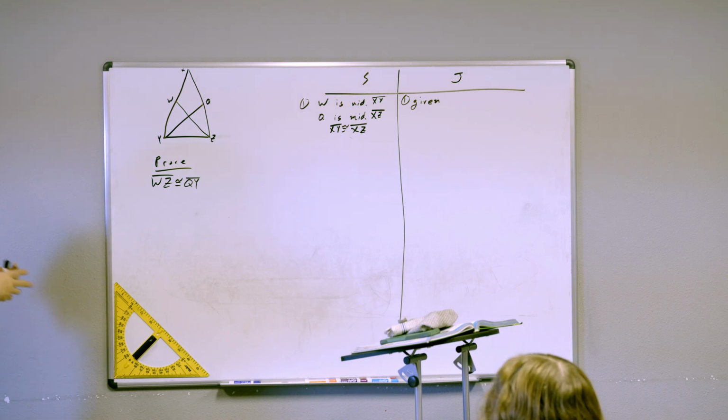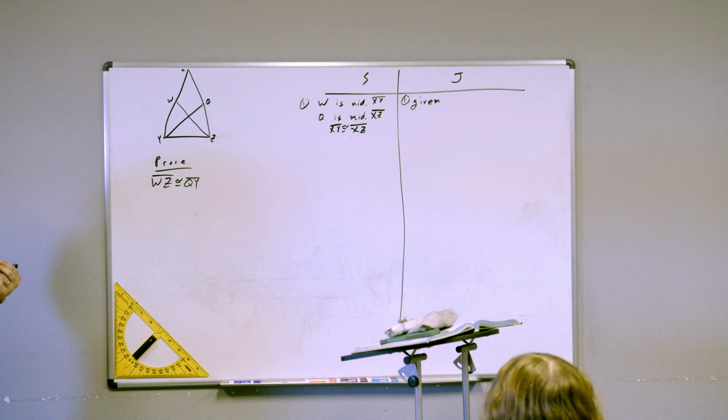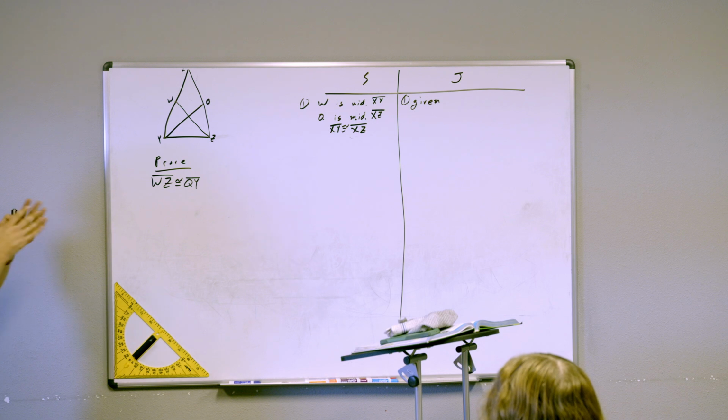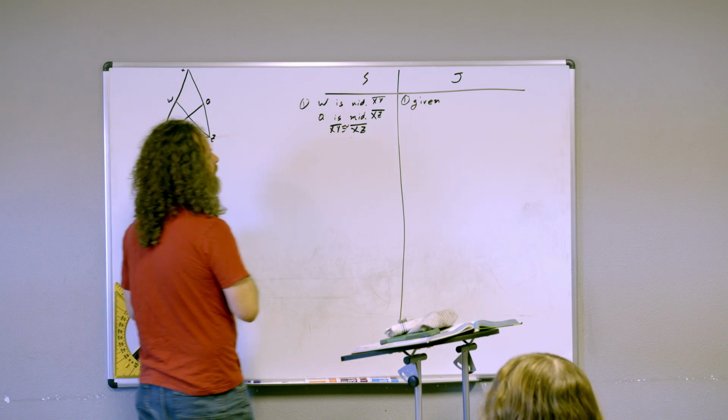So, backing up from what y'all are wanting to say, because that's something that we can say eventually, right? Backing up from that, what can we say straight from the given without going anywhere else? What does the fact that W is the midpoint tell us? So let's add that.